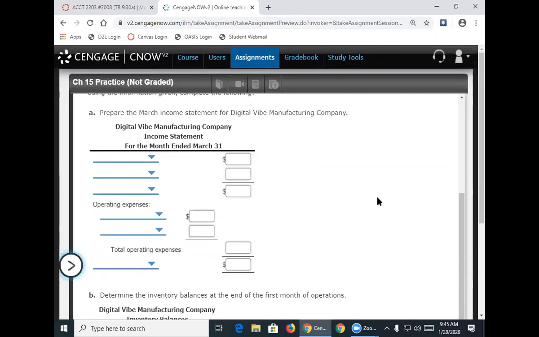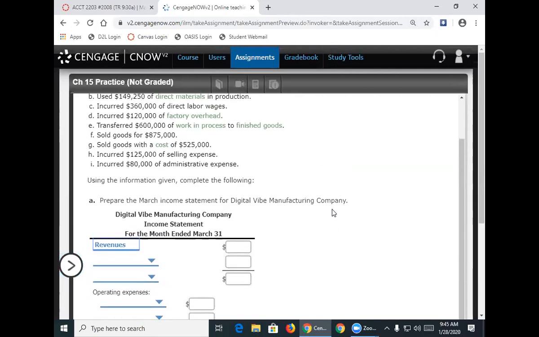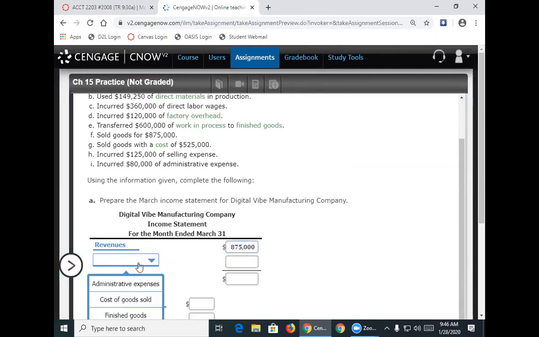Revenue, very good. So revenue gets listed first, and that's where this F comes into play. We sold goods for $875,000. That's our revenue amount. So we have revenues of $875,000. What do I then do? Very good. I'm going to subtract out my cost of goods sold.